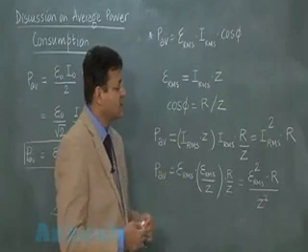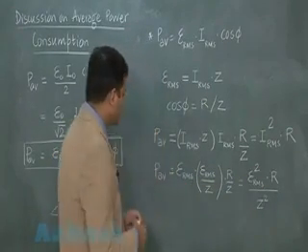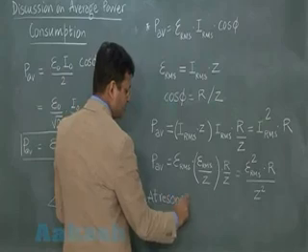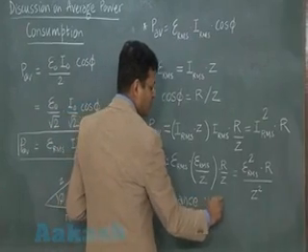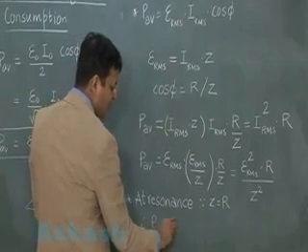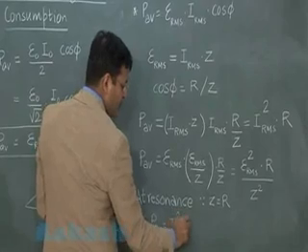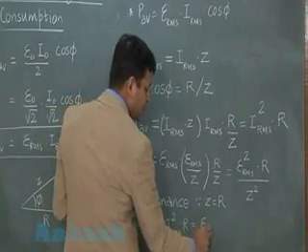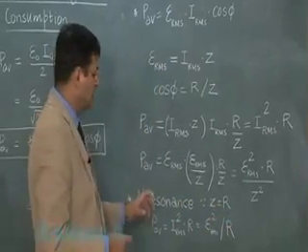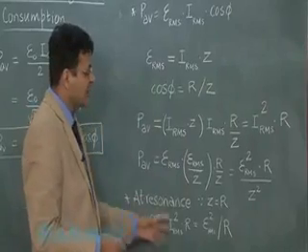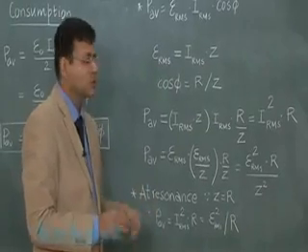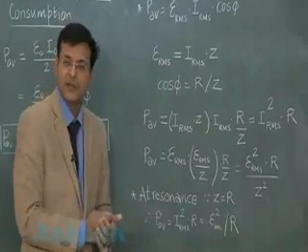At the time of resonance you have Z equal to R. So at resonance, since Z is equal to R, you can use any of the expressions: P average is equal to IRMS square into R, or it can be written as ERMS square upon R. Any of the terms you can use for average power consumption at the time of resonance, because this is the kind of expression which says that the circuit is behaving as if it involves only a pure resistor. So that is the discussion we had on average power consumption.